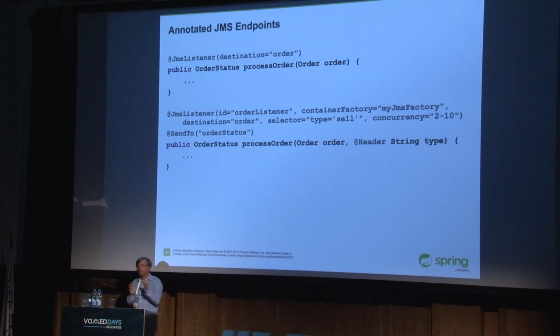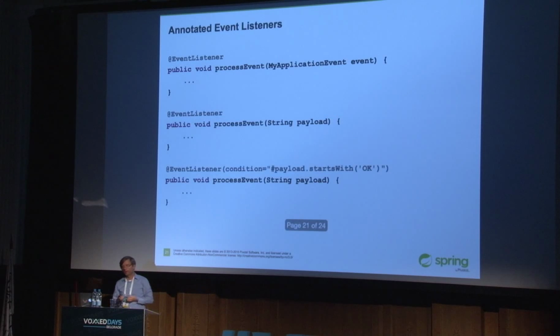You can fine-tune almost any JMS binding instruction from the selector to the concurrency level. But in the end, it's the same kind of arrangement. Annotation-based processing endpoints, whether for the web or whether for a messaging scenario, for a messaging architecture.